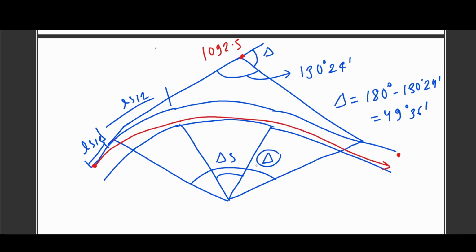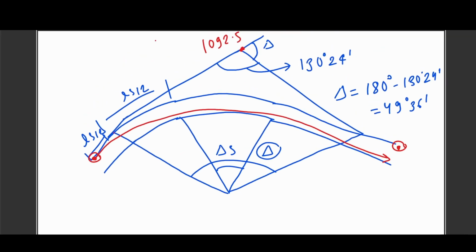For calculating the chainage at the end of the curve, we need to add the length of the transition curve to the chainage of the beginning of the circular curve. The main target of this question is to find these two chainages, first this one and second this one.